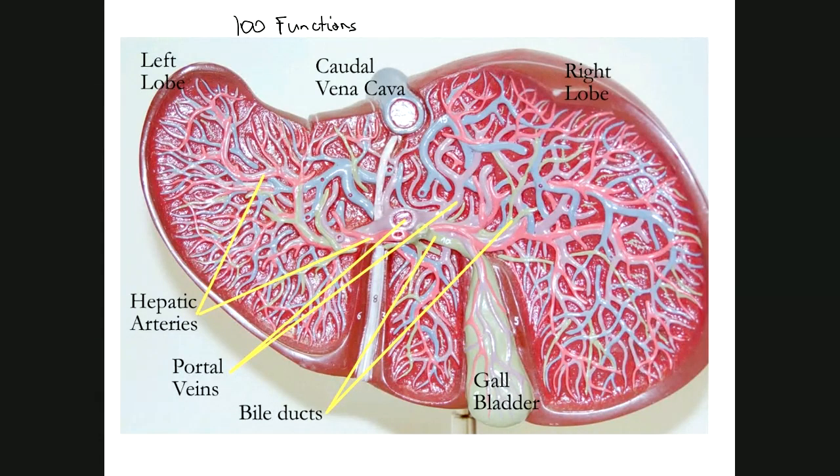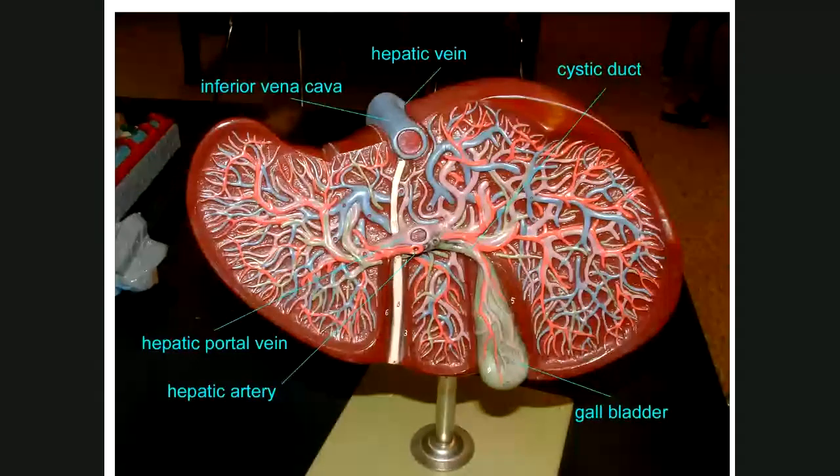But for digestion, the most important thing is it also makes bile. So bile is made in these cells out here. And then the bile goes through these little tiny ducts, and the ducts merge, and they get bigger and bigger and bigger. And so when we look at these ducts, you can see them out here, these little tiny things.